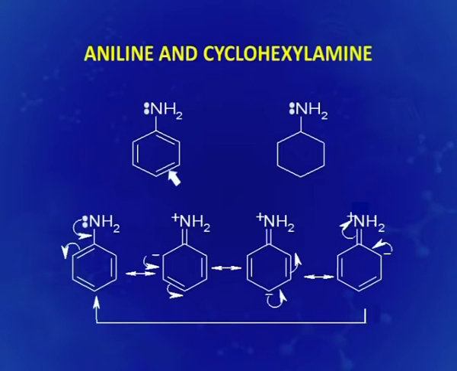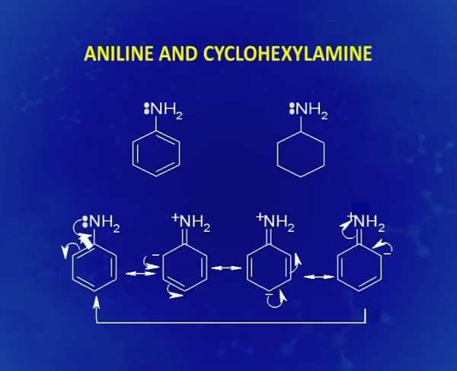One is aniline, another is cyclohexylamine. Here you can observe that aniline has a lone pair on the nitrogen of the amine group which is participating in the delocalization of the electrons.